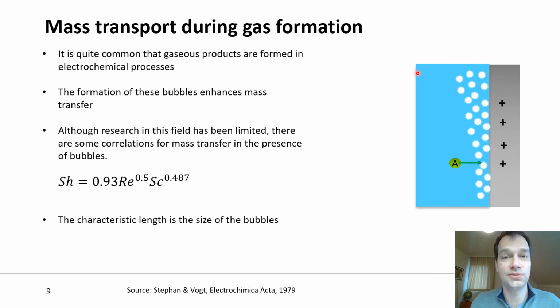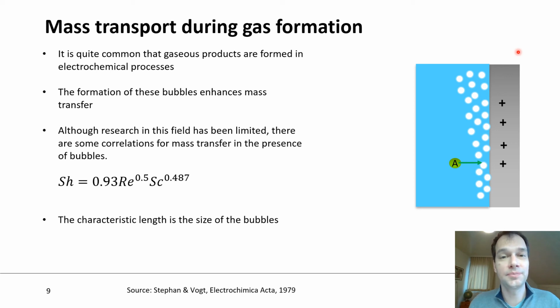Then you get this situation where you have bubbles near an electrode and you have your reactant that wants to move towards the electrode. And you can imagine that these bubbles can help actually quite a lot, because when they form and when they detach, they cause local turbulence, and that can enhance mass transport.